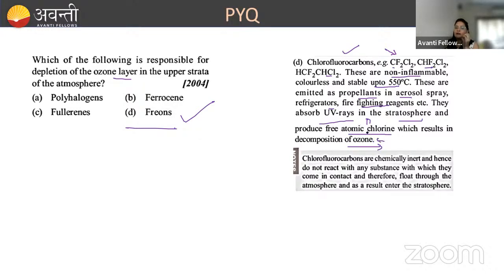Okay, chlorofluorocarbons are chemically inert and hence do not react with any substances with which they come in contact, and therefore they float through the atmosphere, and as a result they enter into stratosphere directly, and when they enter into stratosphere they absorb the UV rays, and due to the absorption there is a removal of chlorine from them, and this chlorine affects the ozone layer, right?